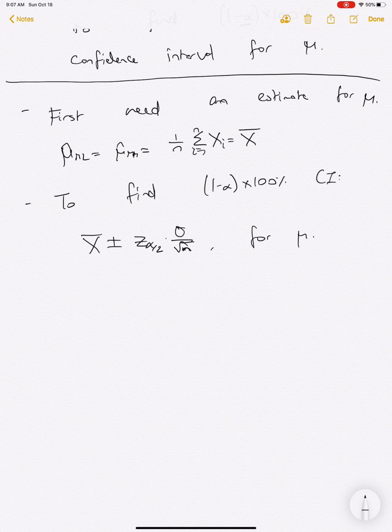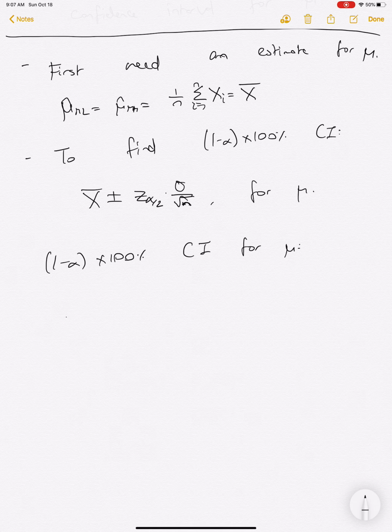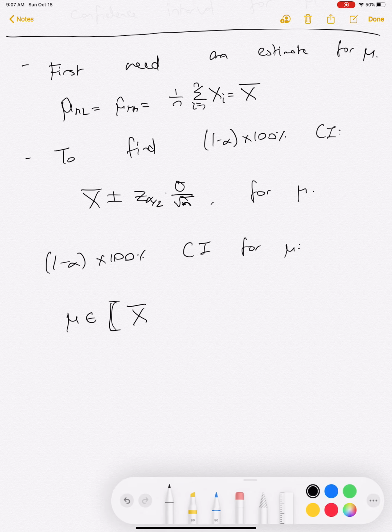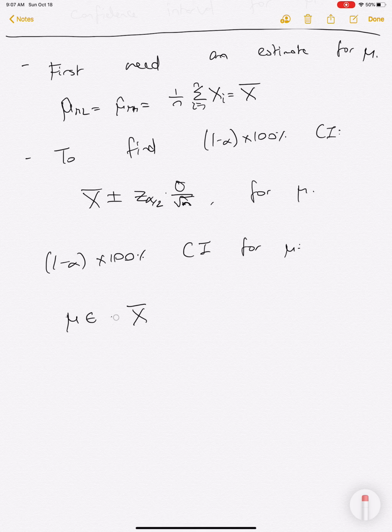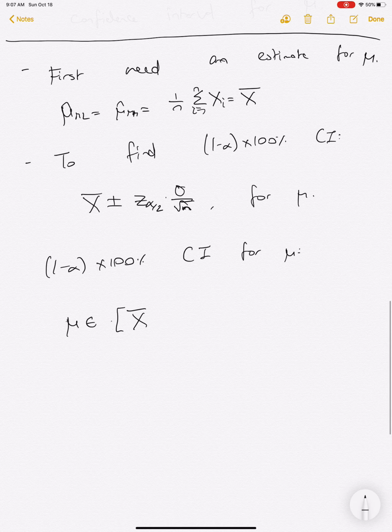Another way to say it is that mu is in x bar minus, and then x bar plus, z sigma over square root of n.